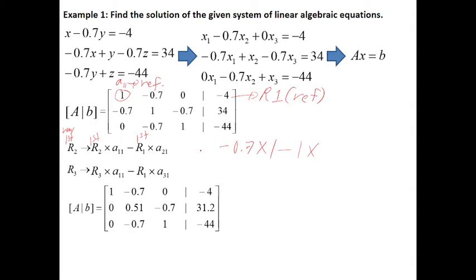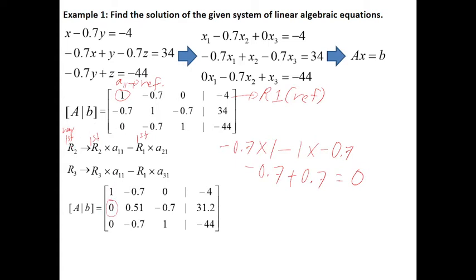So, then multiply natin ng A21. Okay, that's negative 0.7, A21. So, anong sagot niyan? Negative 0.7 minus plus 0.7. So, 0. So, nakuha yung R2 new na first element. Ito yung R2 new first element na 0.